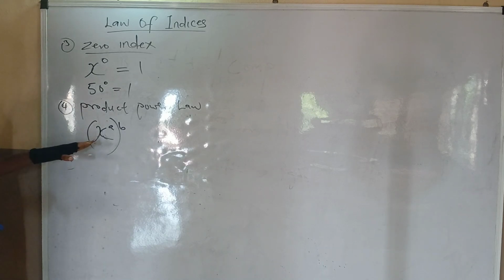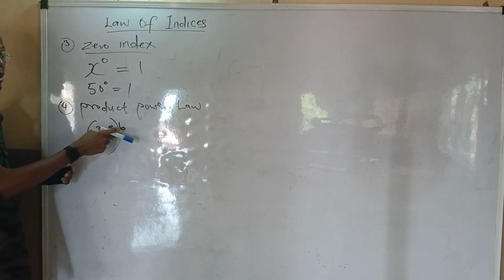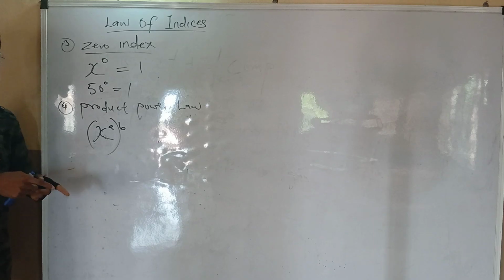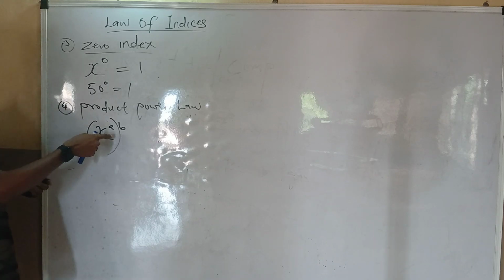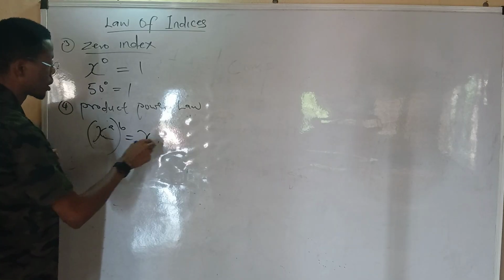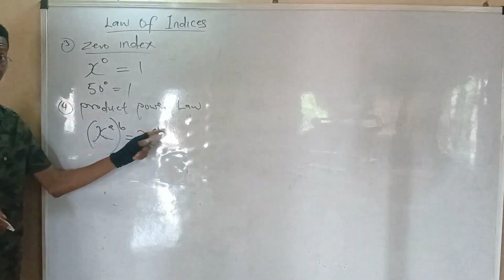Now this means that the power here and the power outside are going to multiply, right? Remember, our bracket means multiplication. So we are going to open the bracket, and for us to open the bracket, we're going to multiply a multiplied by b. So what we'll have here is x, which is our base, then ab. Ab is the same thing as a times b, right?